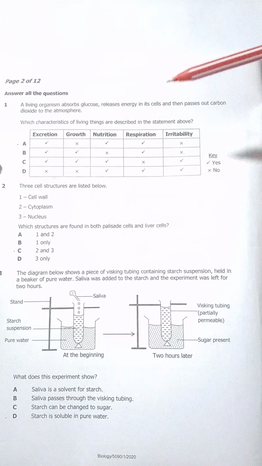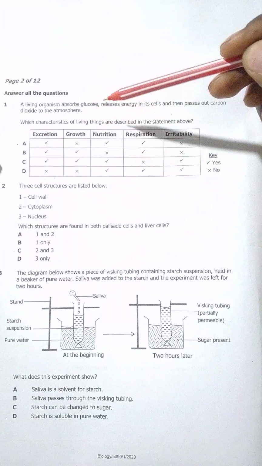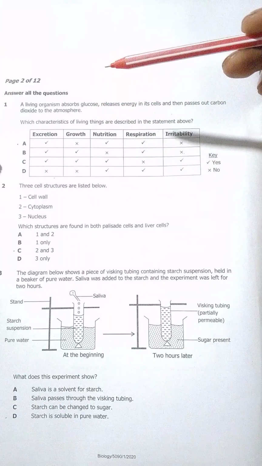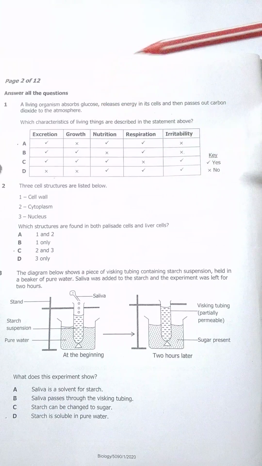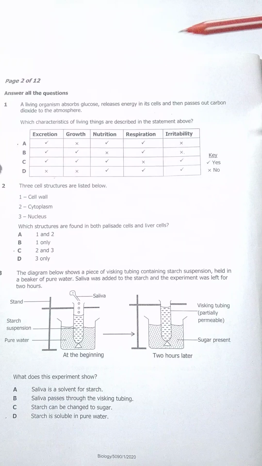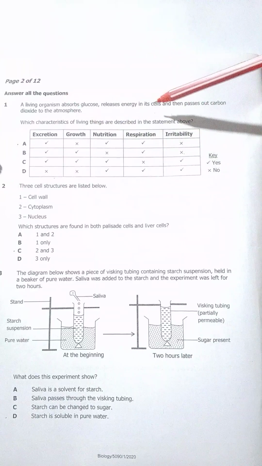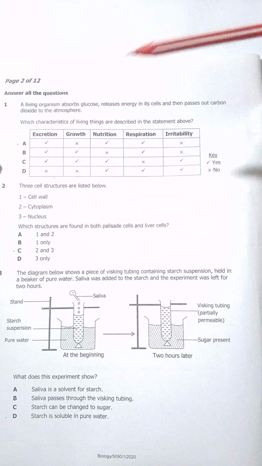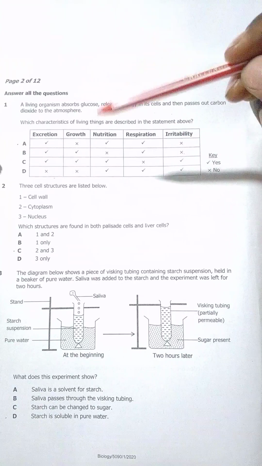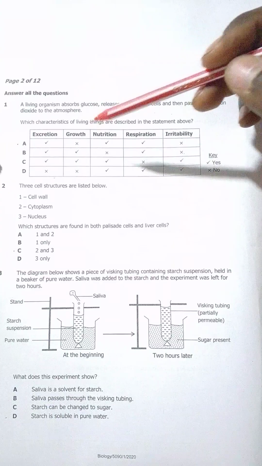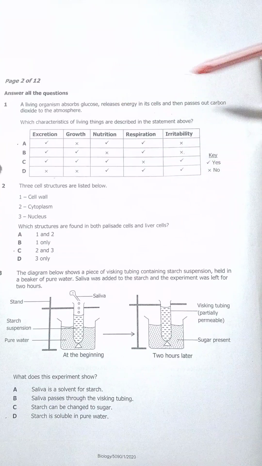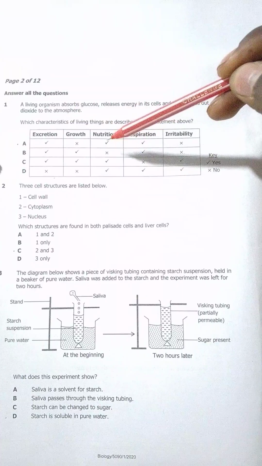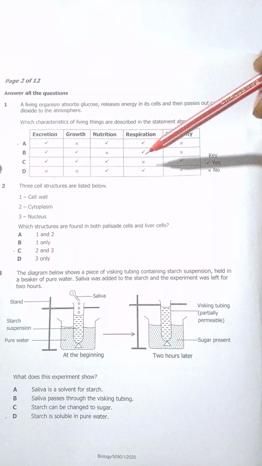We know that the absorption of something is talking about nutrition, so there is no growth here, but nutrition is there. Therefore, the only possible answer we are remaining with is A. So A is our answer. All these characteristics are showing excretion, nutrition and respiration.